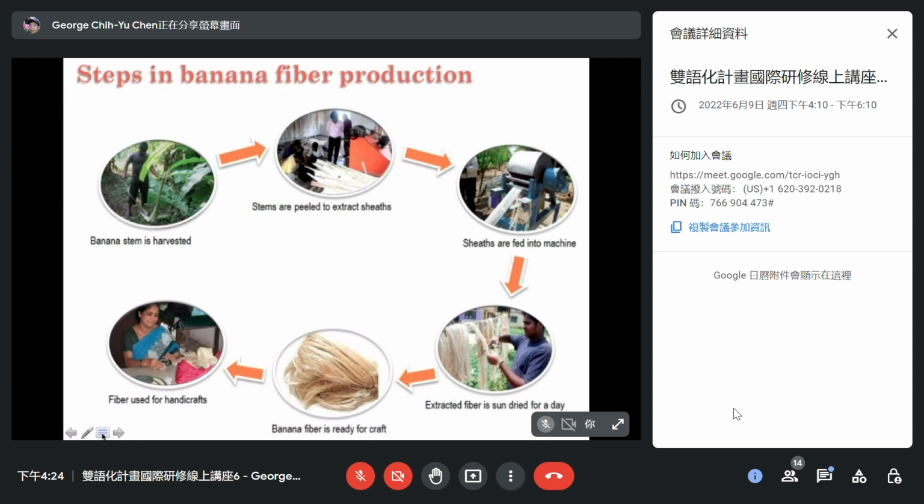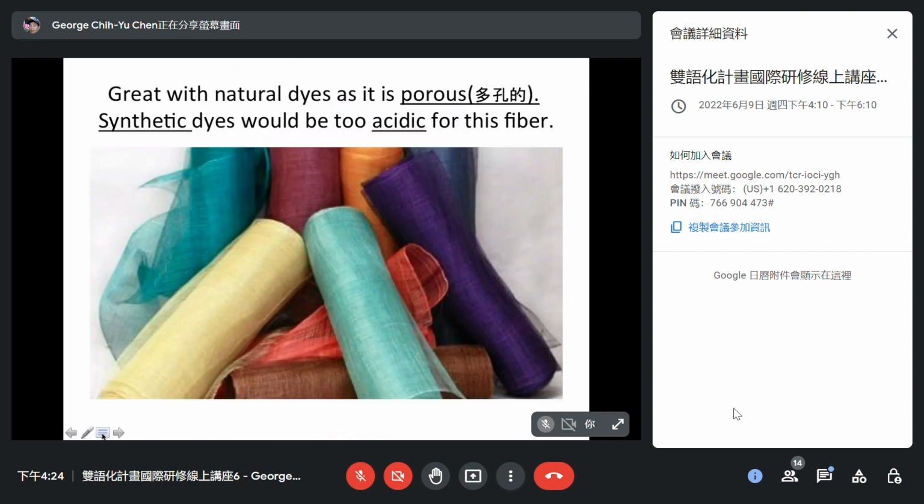And lots of handicrafts are made out of banana fiber. And in the Philippines, banana fiber is also known as Manila hemp. And the banana fiber production is centered mainly in the Philippines. The textile made out of banana fiber is great with natural dyes, as it is porous.